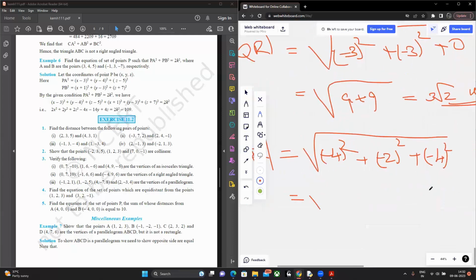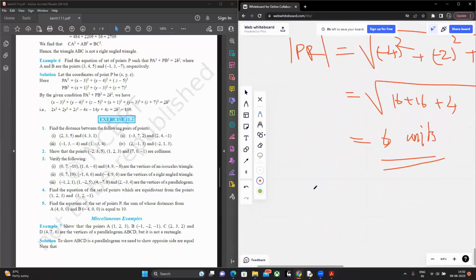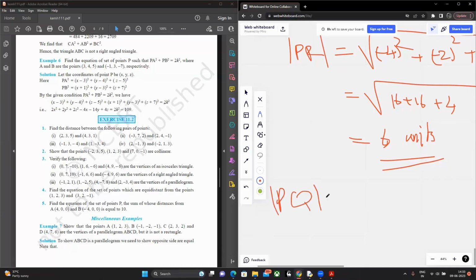Which is basically square root of 16 plus 4 plus 16, that is root 36, that is 6 units, right?